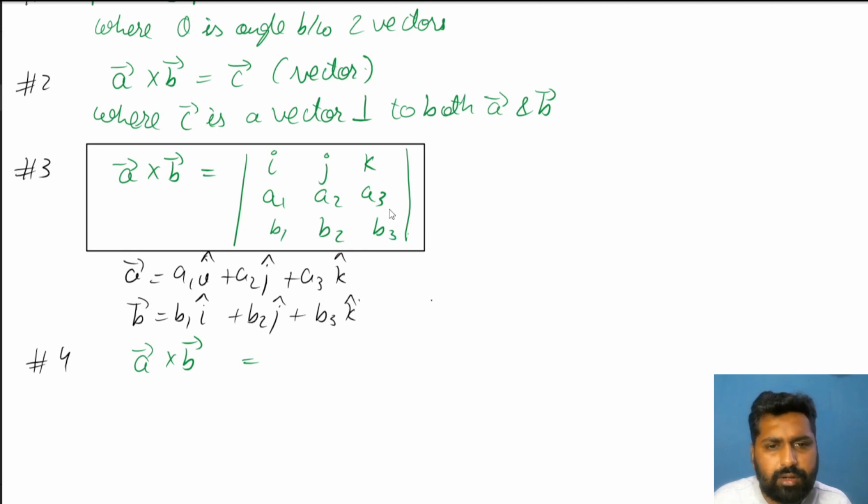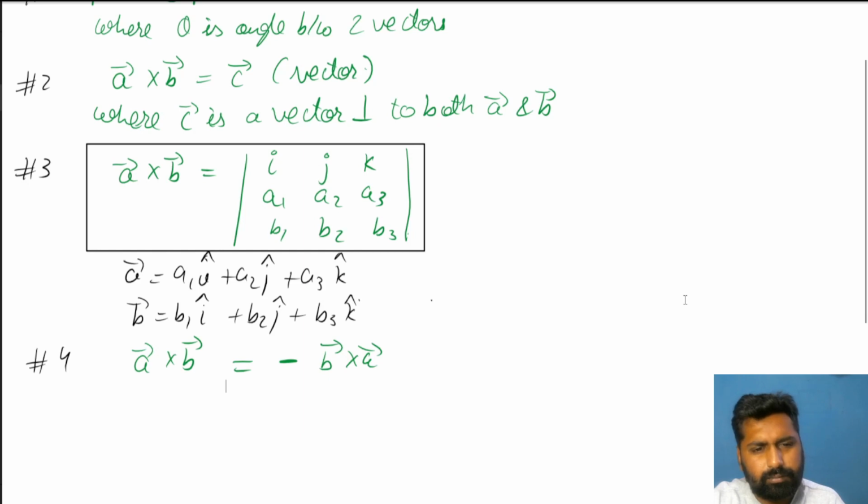So basically, if B cross A has to be done, these two rows R2 and R3 must be interchanged. What happens if you interchange rows of a determinant? The sign becomes negative. Okay. So this is from the properties of determinant, that A cross B and B cross A are just opposite. Okay. They are equal but negative of each other. So not commutative.